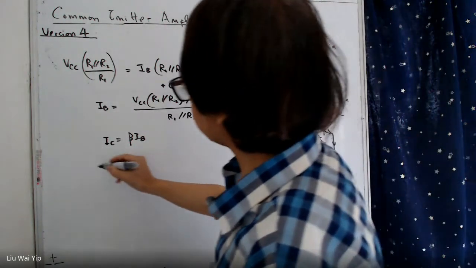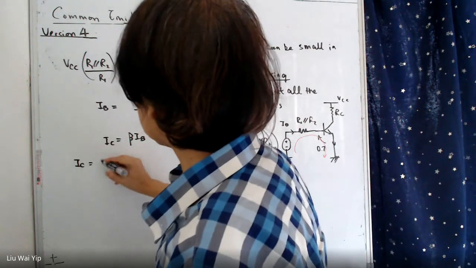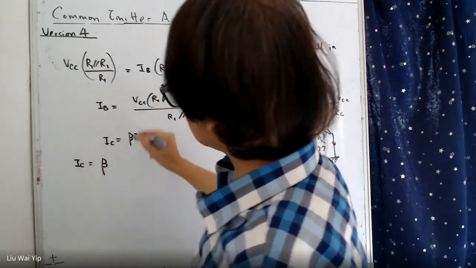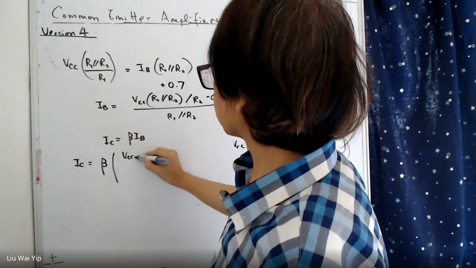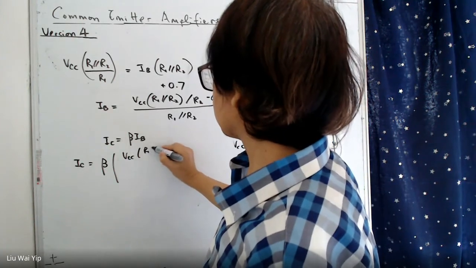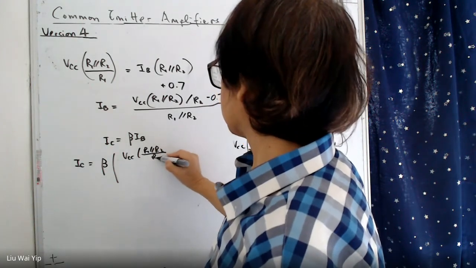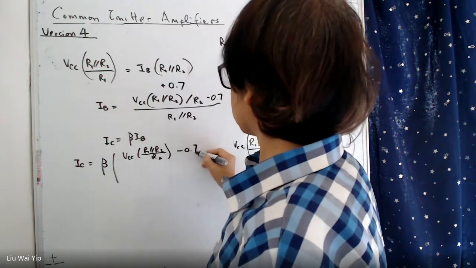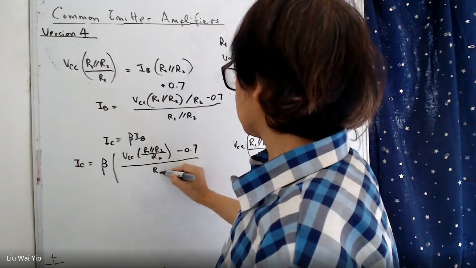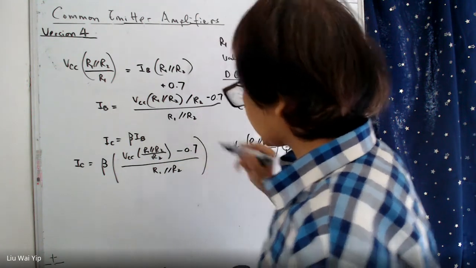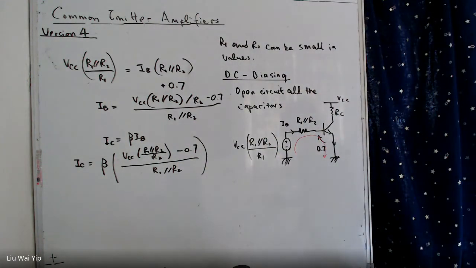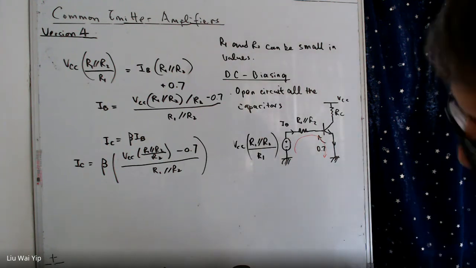Too crowded. Let's do this. Now, the value of IC has been calculated. And with this in mind, you can simply calculate the voltage gain directly.